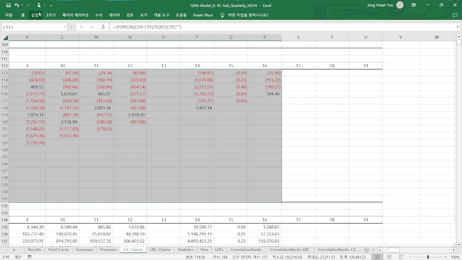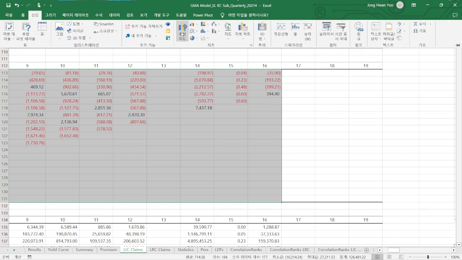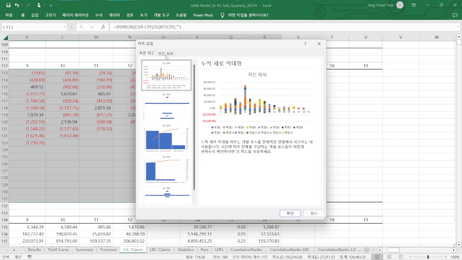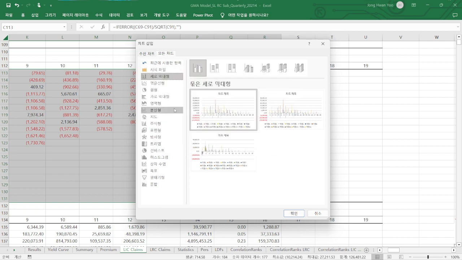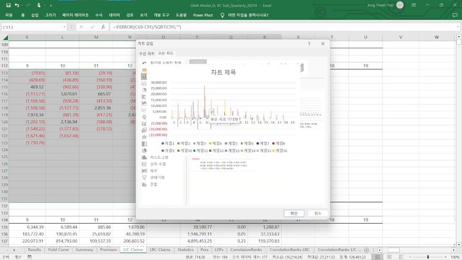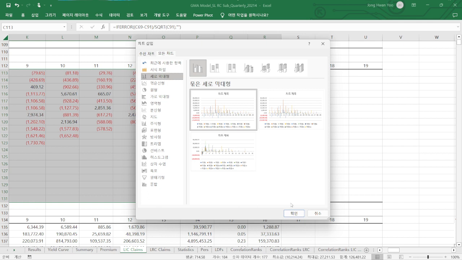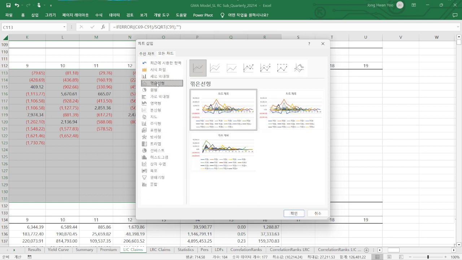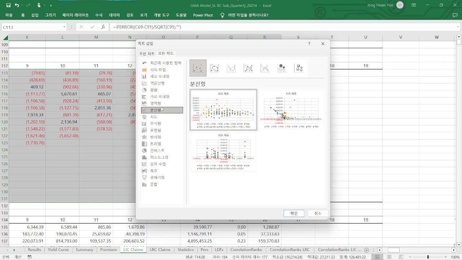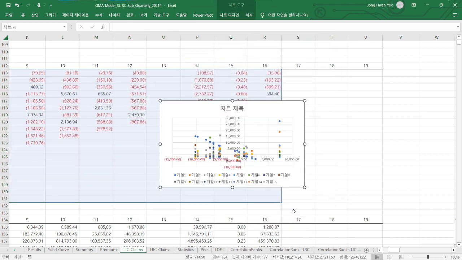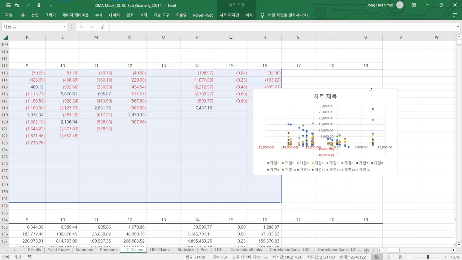For example, let's say here you can find something like this. Or you can choose whatever. You can also have something like this.